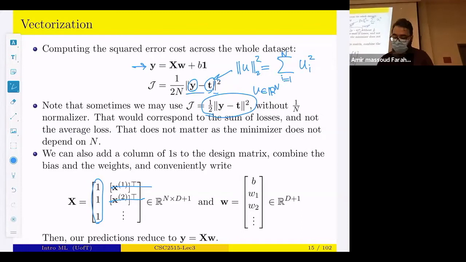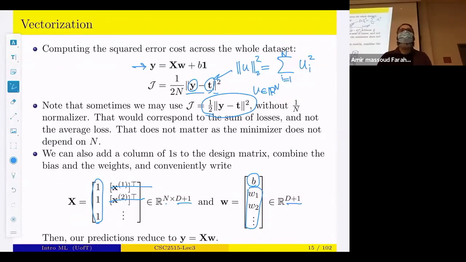Then we get a design matrix which is n by d plus 1. Then we can put the bias term b inside the weights vector and just consider it as yet another weight. So that would be b, and then we have the rest of the weights, and the whole thing would be a d plus 1 dimensional vector.